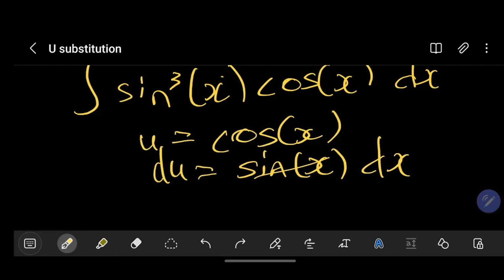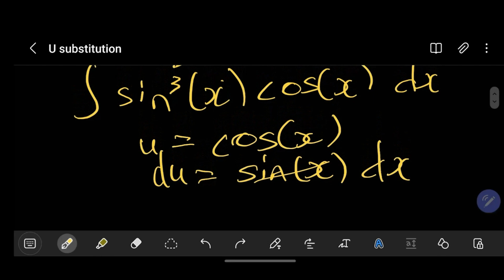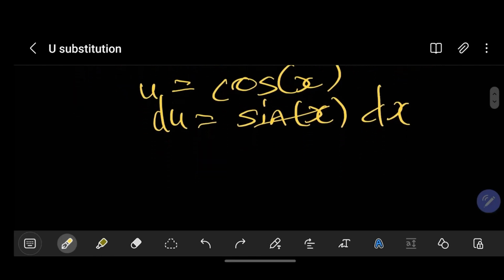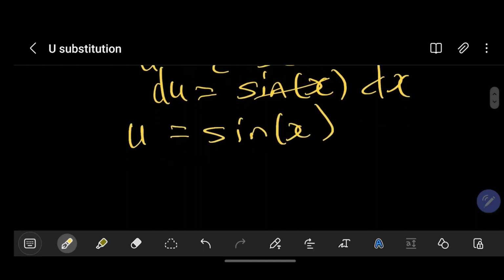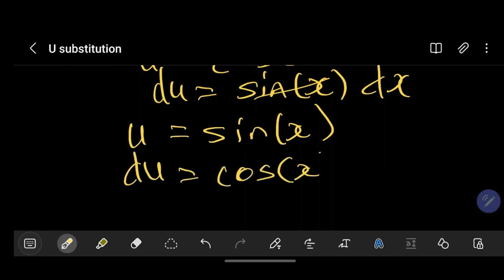So let's go back to the rule. As I mentioned, we can see that sine has the higher exponent. So let's try to solve for that and make that u. So let's make u equal to sine of x. So our du is equal to cos of x dx.